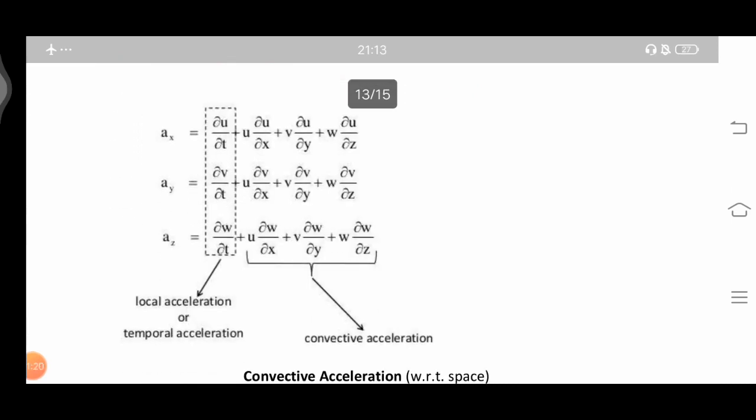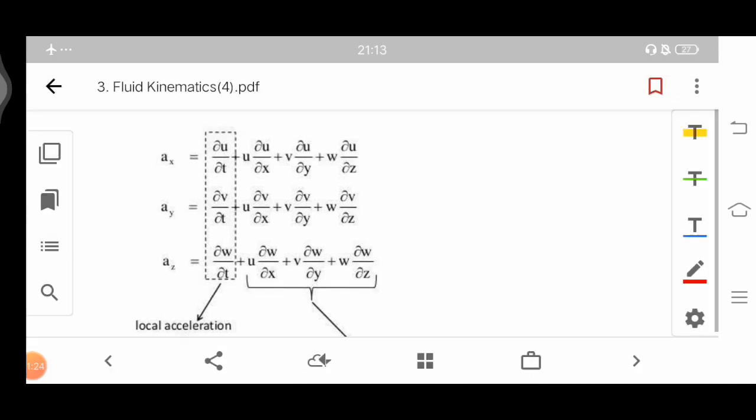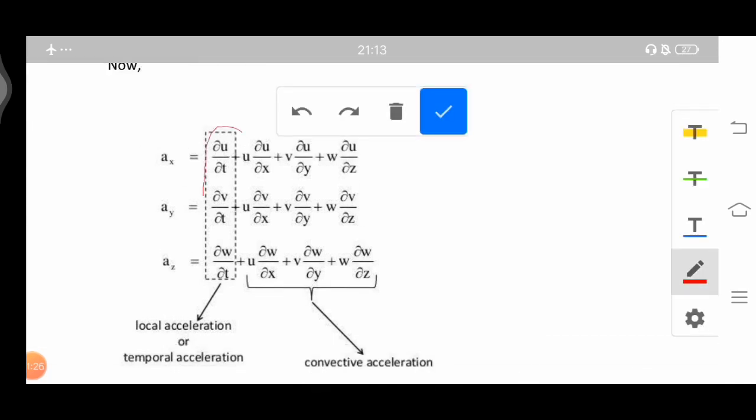So basically the resultant of these 3 accelerations will give us the total acceleration. Now just note one thing, that in the first terms we have differentials with respect to time, and in the next 3 terms for acceleration in the 3 directions, we have differentials with respect to space: del x, del y and del z.